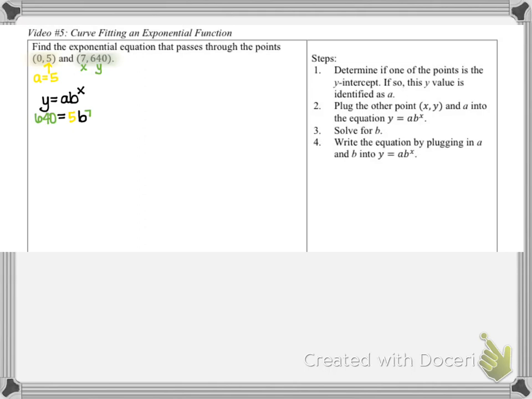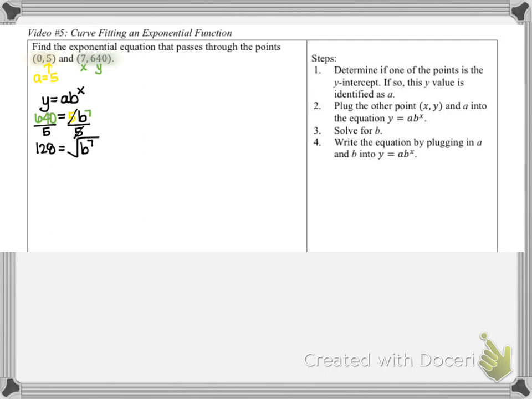You notice that there's only one thing you don't know, which is b. So at this point, let's solve for b. I'm going to divide both sides by 5. My 5s are going to cancel. 640 divided by 5 in my calculator gives me 128, which is equal to b to the 7th power. On a previous video, which hopefully you've watched already, I talked about how we can get rid of these powers.